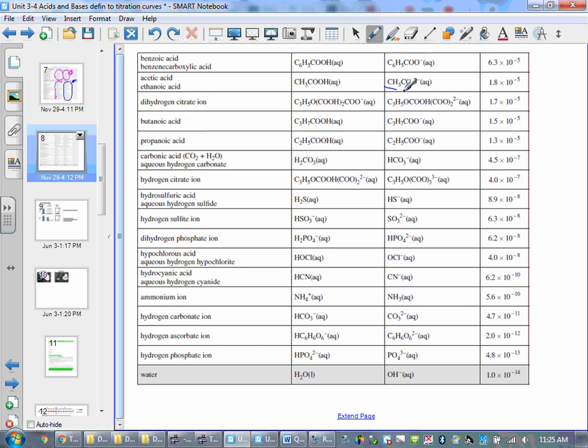So it's going to react with water, just like we showed, to make acetic acid and hydroxide. So Sarah, if you're looking for a nice, easy way to do this, you can use this data table.